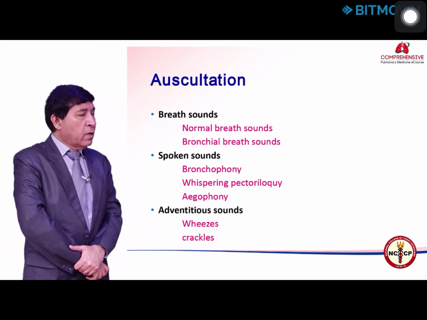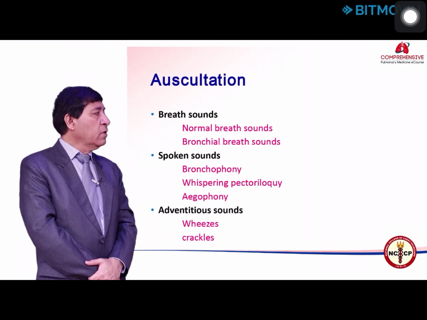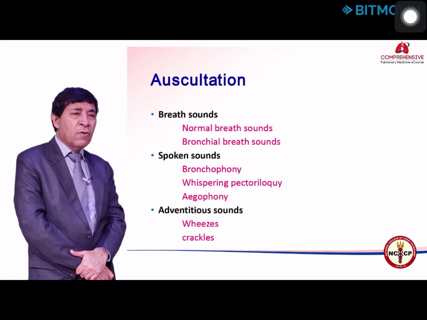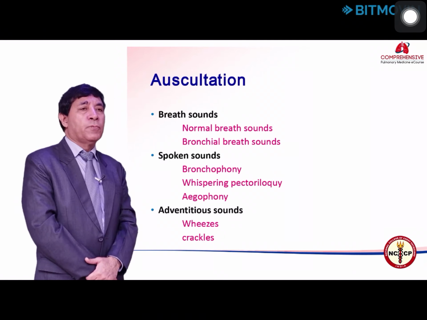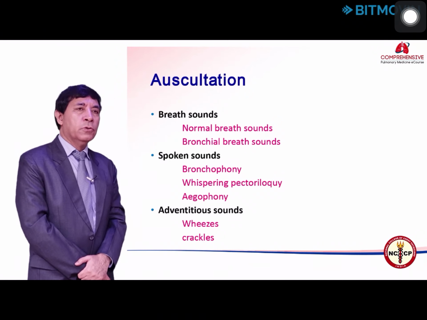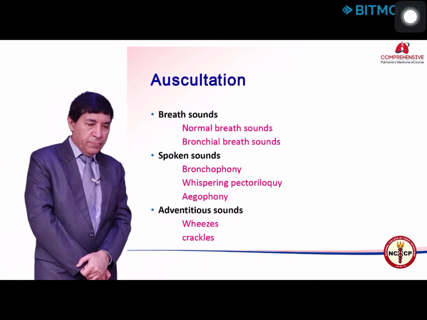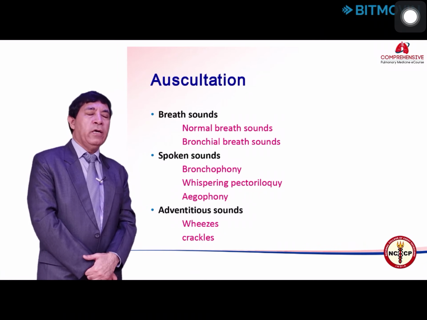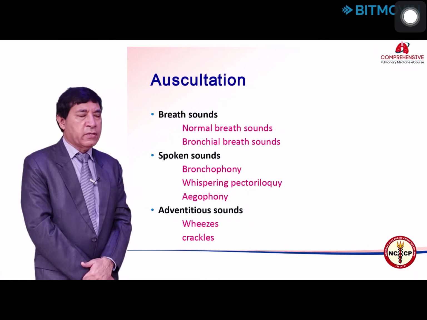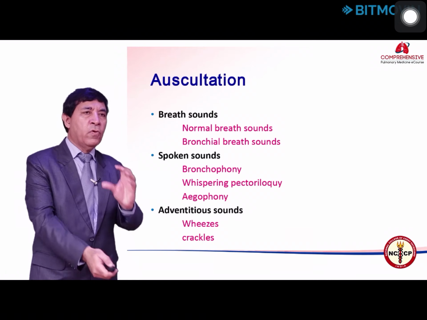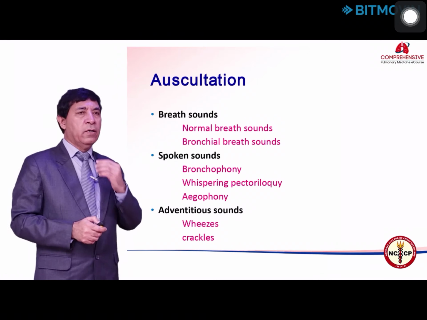The next important thing after breath sound is the spoken sounds. Now, what is the acoustic principle of spoken sounds? As I mentioned to you, normally we only hear low frequency sounds on the chest, and we can hear full sound at the trachea.